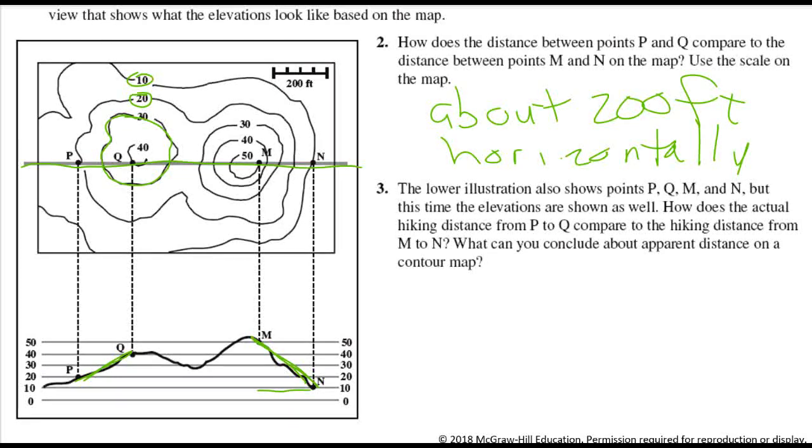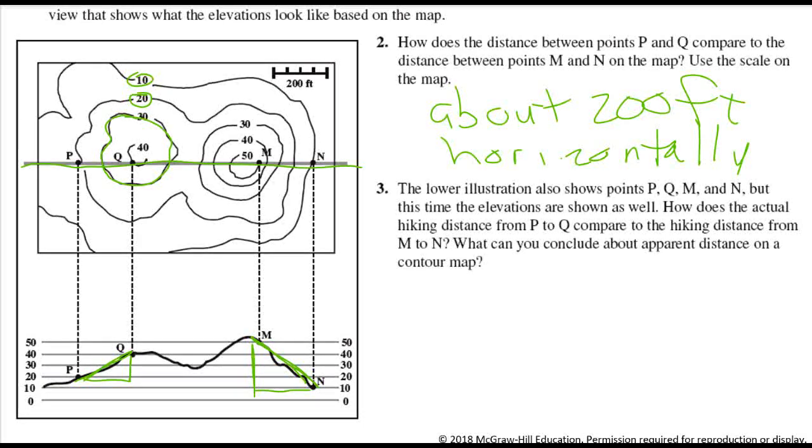So if the horizontal distance is the same, P to Q, you're going to climb more or climb less vertically. You go from 20 to about 40. But for M to N, you go from 10 to over 50.